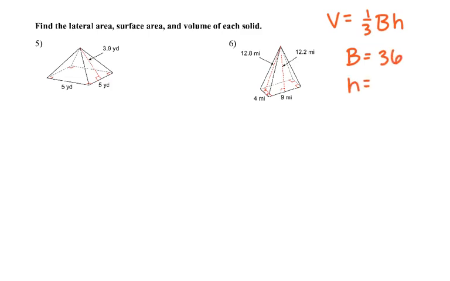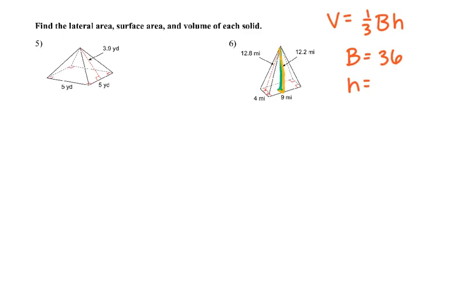Remember that height goes from the vertex and is smack dab in the middle. Then we can connect our height to whatever slant height you want. Because this side length is 4, dividing 4 in half is nice and easy. We get 2. I'm going to connect it with this slant height of 12.2.